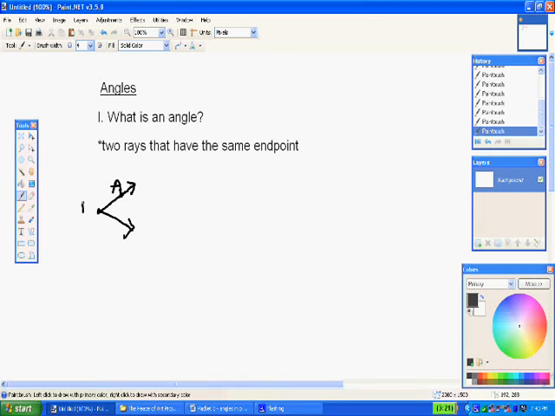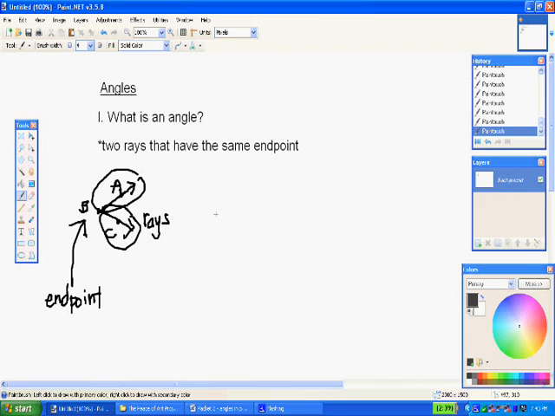I'm going to put some points on this angle. Point B right here is the endpoint, and these two things, this and this, are the rays that share the same endpoint.